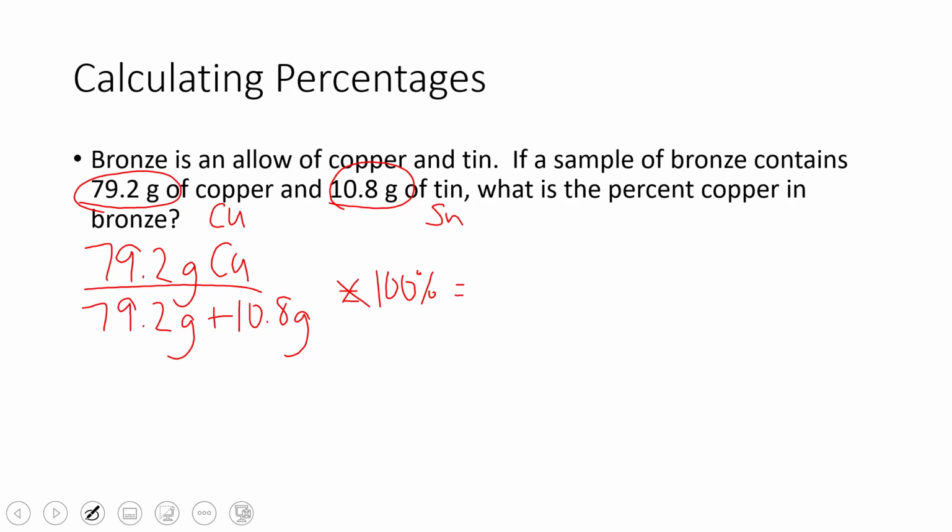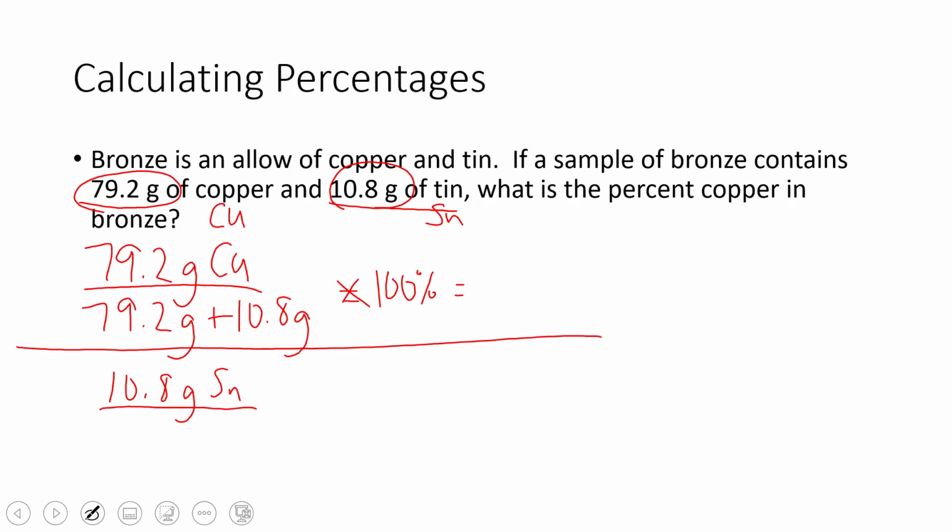And to find the percentage of tin, I would need to take 10.8 grams of tin over the whole, which is the same 79.2 grams plus 10.8 grams, and times that by 100.